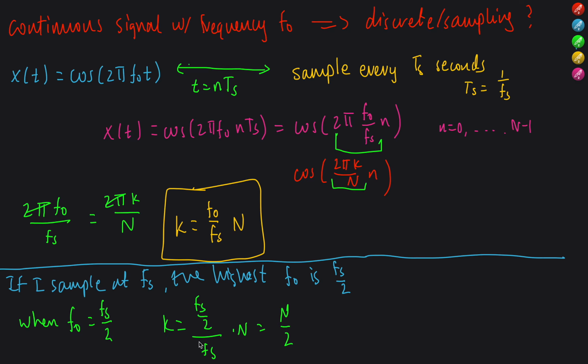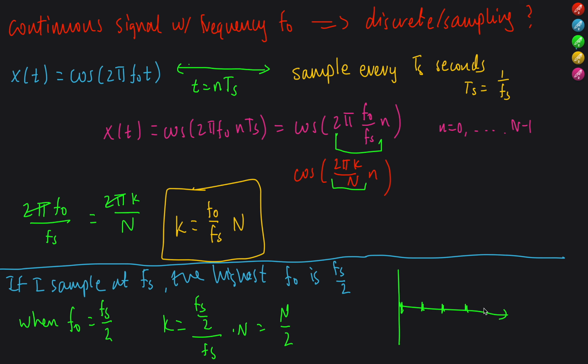And remember, we said when k is N over 2, you have N over 2 oscillations. Just take the example of N equals 4. So 1, 2, 3, 4.